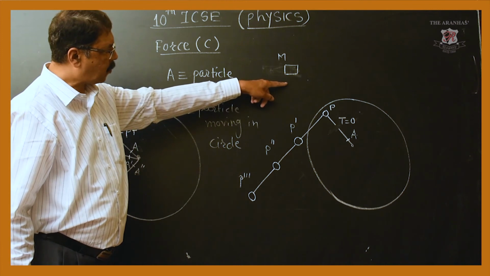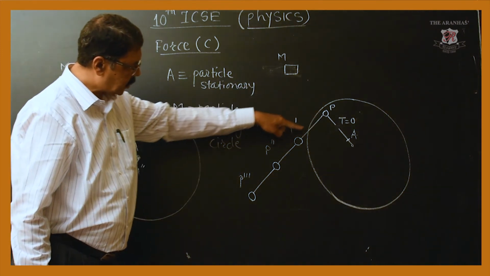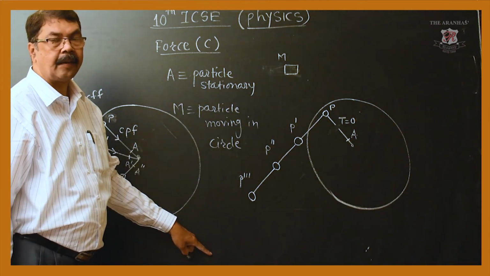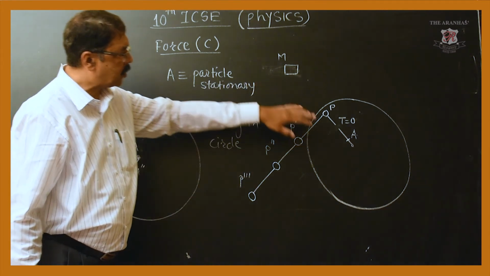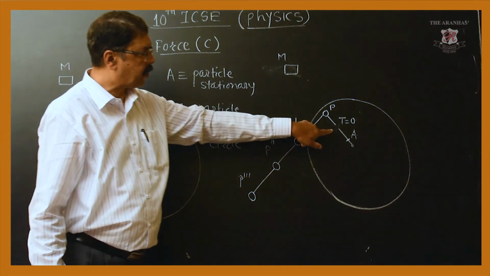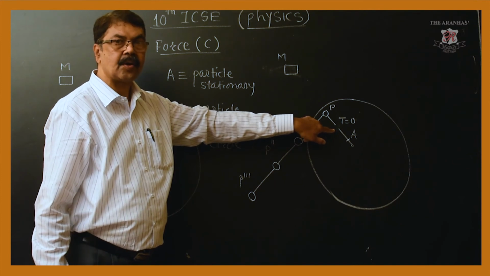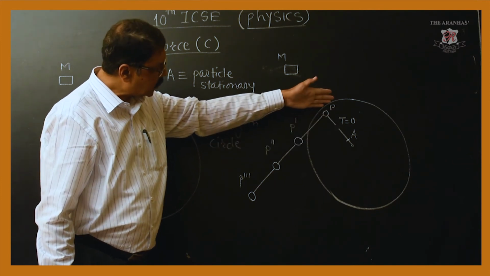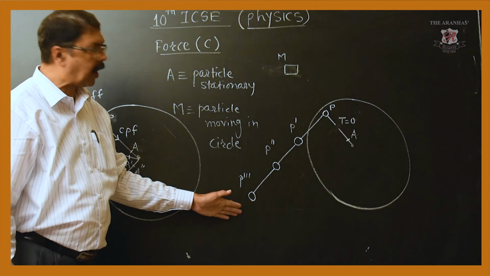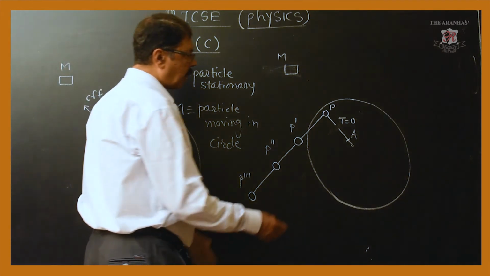So for this person, what is happening? This is traveling along the straight line. For the person who is outside the table, if the tension ceases to exist or the thread breaks, then this particle is going to travel along the tangent to the circular path.